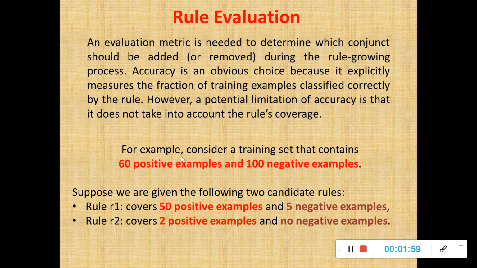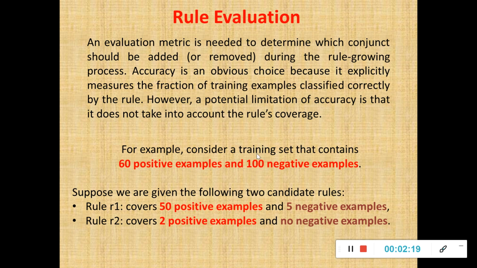Here I have taken an example. With respect to the training set, please remember, I have 60 positive examples and 100 negative examples. That means the number of instances in my training set is 160, because positive are 60 and negative are 100.